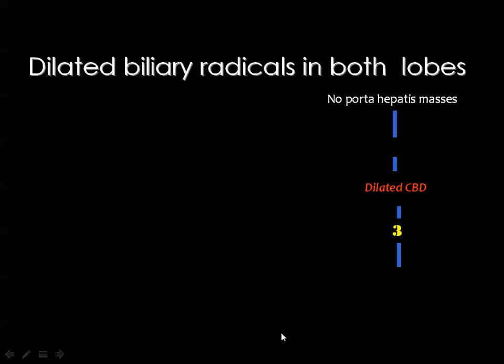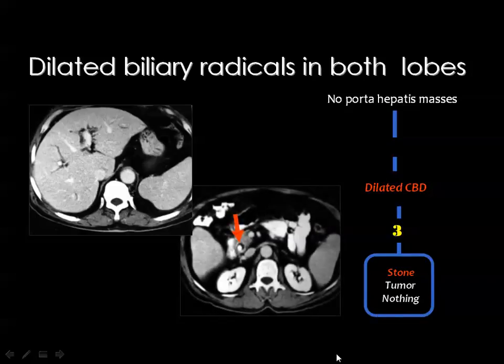Then we came to the third issue. The first issue is you see masses at the porta hepatis, then you diagnose lymph nodes, and search for the differential diagnosis of lymph node pathology. Then the second issue, you don't see any masses at the porta hepatis, then you know that this is a stricture at the hilum, and you diagnose hilar cholangiocarcinoma.